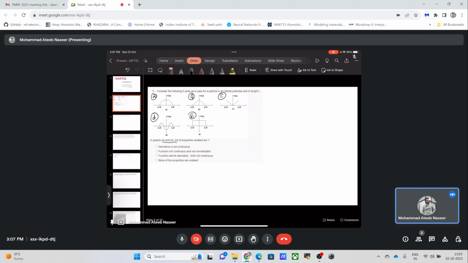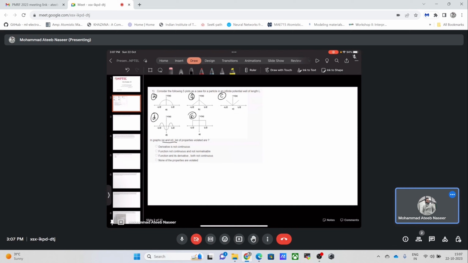We know that there are certain properties associated with psi, the wave function. Psi has to be continuous and its derivative has to be continuous, and it also has to be normalizable between minus infinity and infinity, so that there is some finite probability of finding the particle in the region of space that we are looking into.